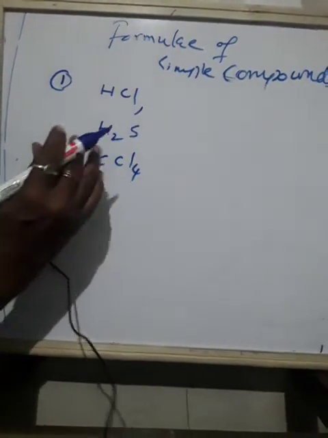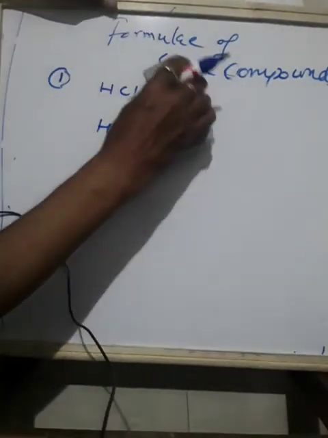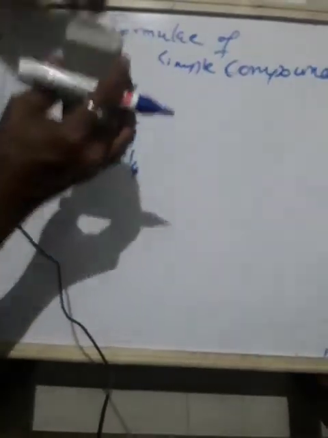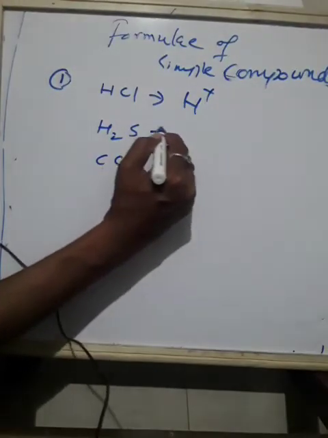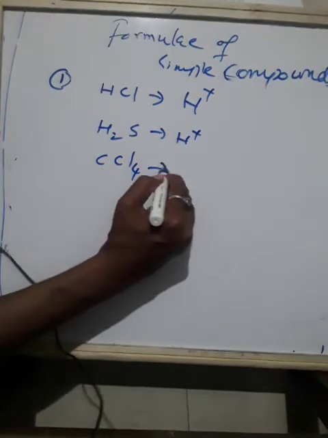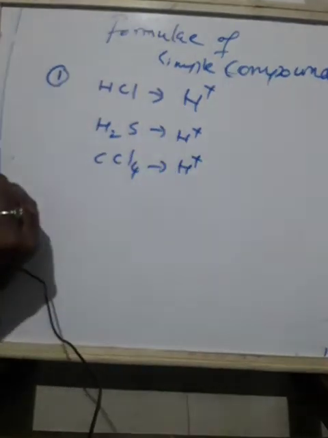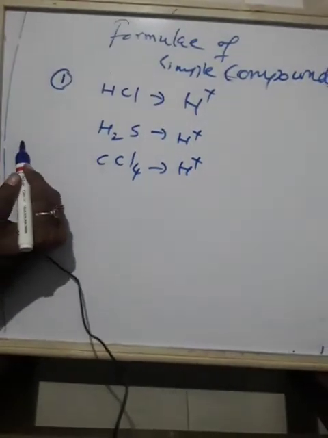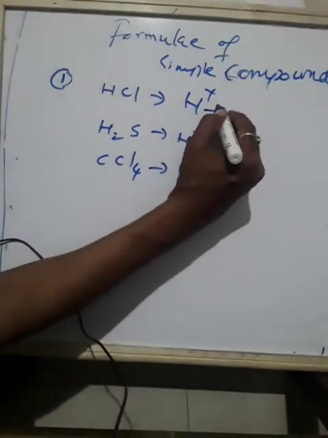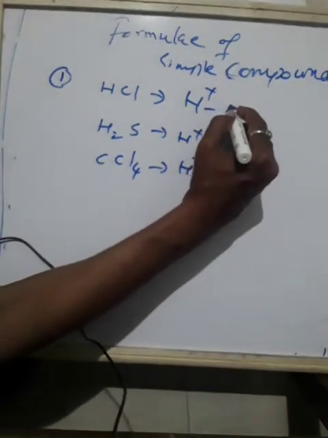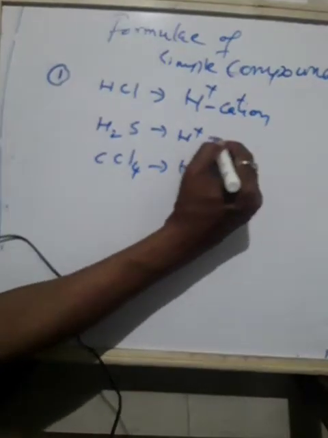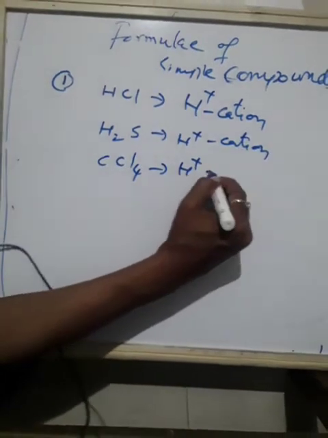But in all these cases, one interesting fact is there. What is that? Hydrogen is positive charge. Positive charge elements are called cations.